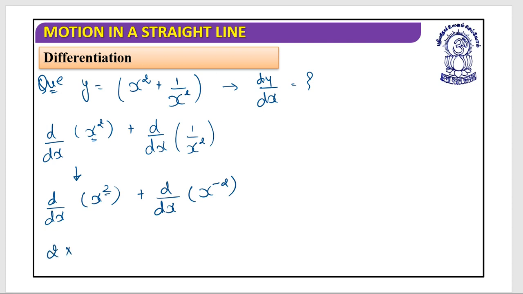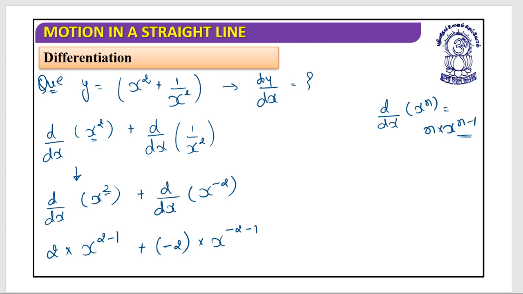This is 2 into x to the power 2 minus 1, plus here d by dx of x to the power minus 2. So stick to the basics. The power minus 2 multiplied by x to the power minus 2 minus 1, because the standard relation is d by dx of x to the power n equals n into x to the power n minus 1.